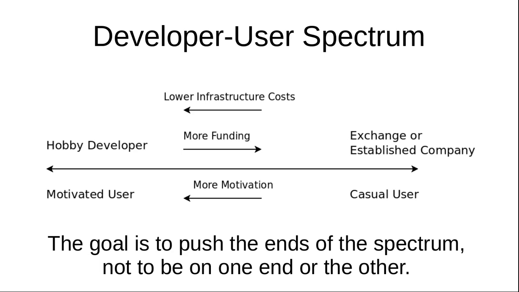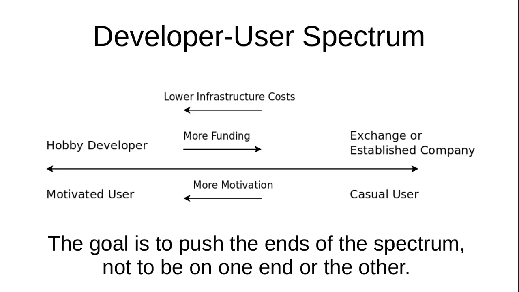And so the goal here is to push the edges of the spectrum out, not necessarily to be on one end or the other. By pushing the edges of the spectrum to even more motivated users, lowering the infrastructure costs for even more hobby developers, we increase the network effects of Bitcoin Cash.